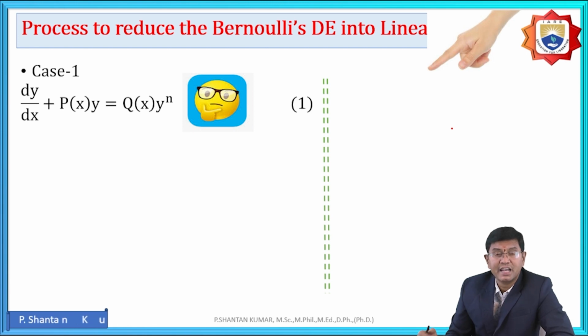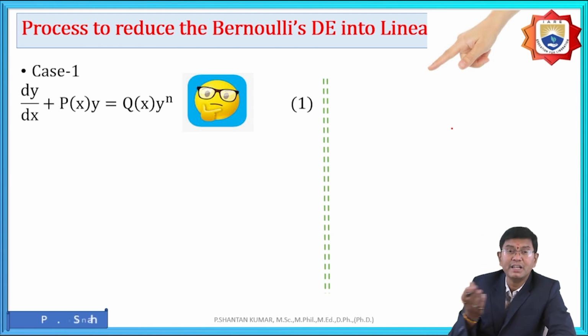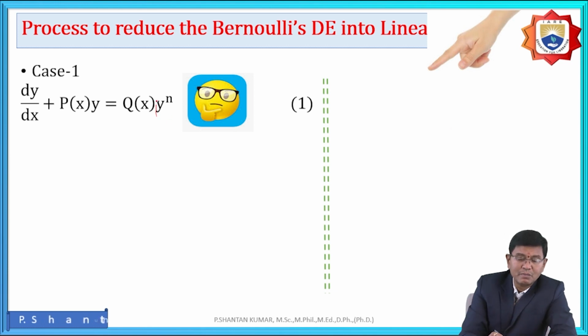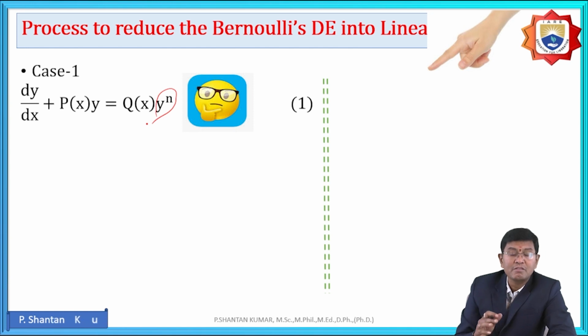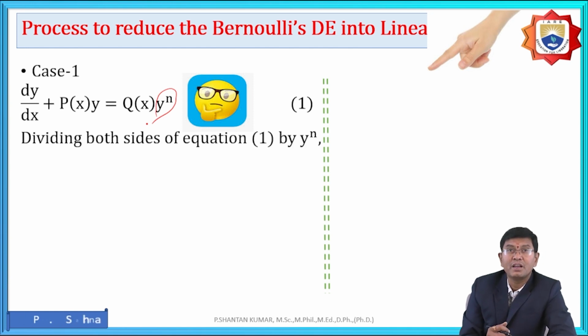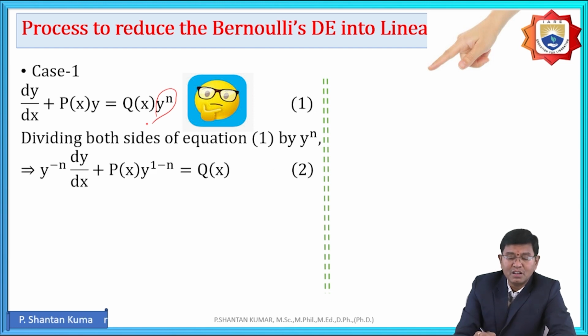Here we cannot directly find the integrating factor. After changing it to linear, we find the integrating factor. In between, whatever the multiplication with y power n, we need to divide both sides by y power n, which is reduced according to the type of the equation.